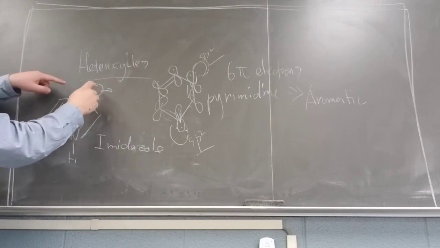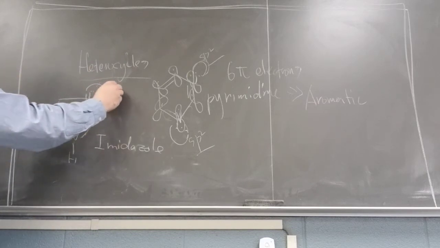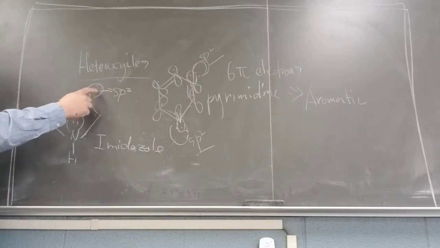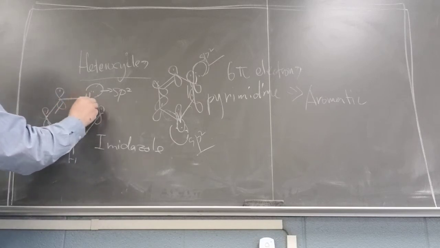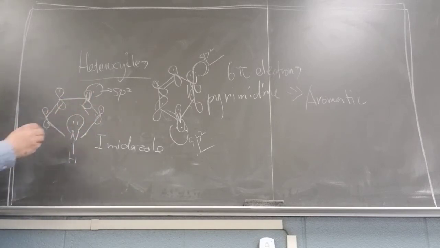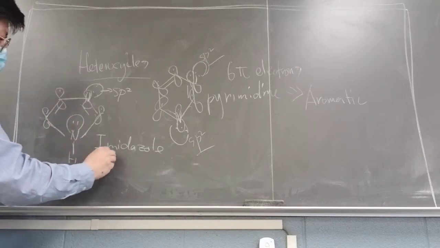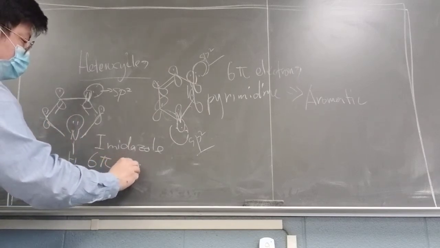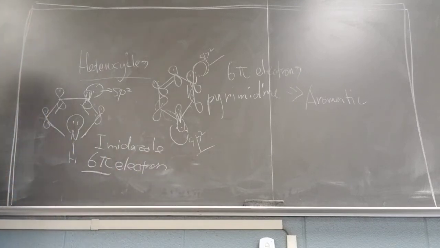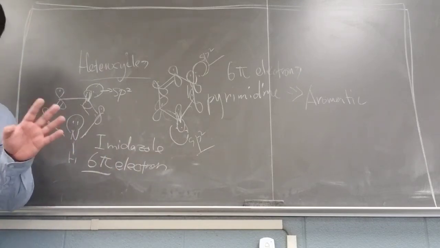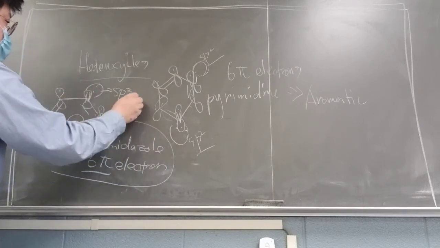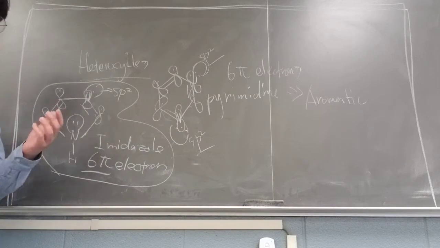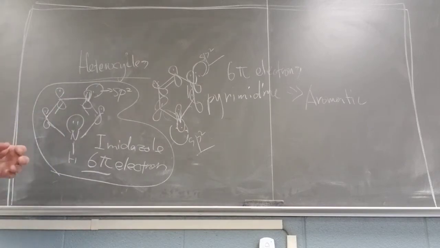But this other lone pair is in sp2, so we don't count this one, but we count this one. So that makes 1, 2, 3, 4, 5, and 6. So this one also has 6 pi electrons, which satisfies Hückel's rule, 4 times 1 plus 2 makes 6. So this imidazole also becomes an aromatic compound, a heteroaromatic compound.